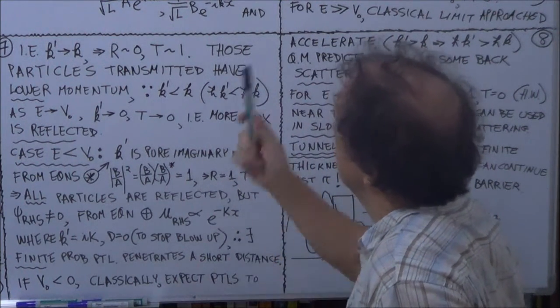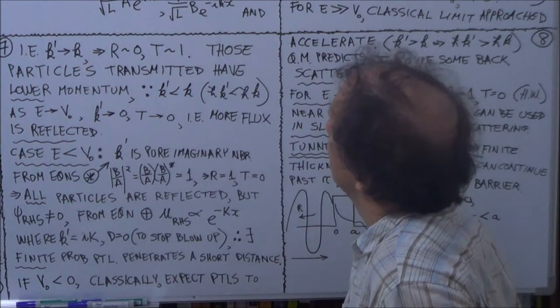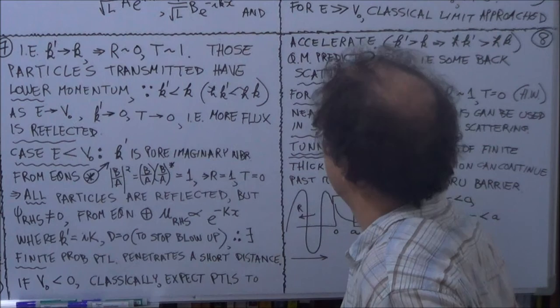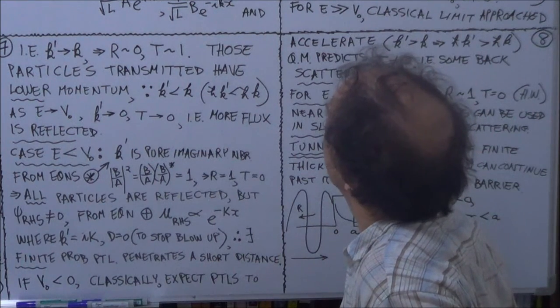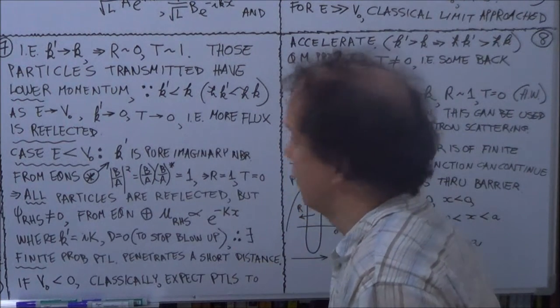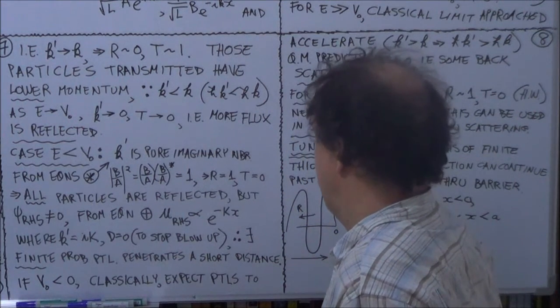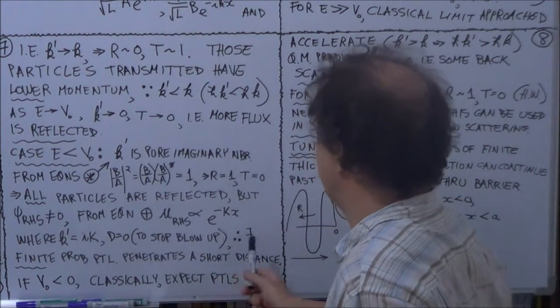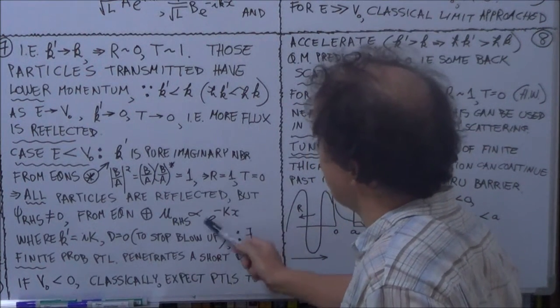Now the other term in your wave function vanishes because big D was 0. So what that means is, it exists. It's not zero.